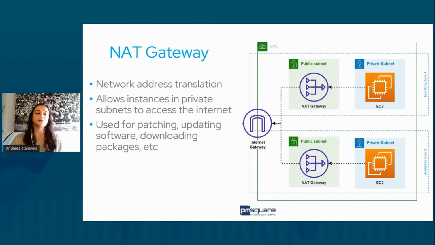Prior to NAT gateways, typically NAT instances were used, which is just an EC2 instance that is configured to work in a similar way that a NAT gateway would. However, your network would be limited by the instance type and size that you would select. And if that instance went down, the resources within your VPC that were relying on that instance would no longer get access to the internet.